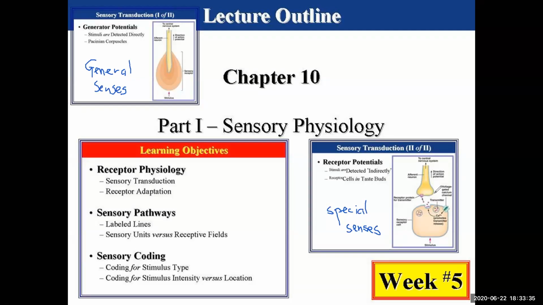When you're tasting food, what goes on in your taste buds is called the receptor potential. The reason is that between the sensory neuron and the peripheral receptor, in this case a taste receptor, there's a microscopic space.